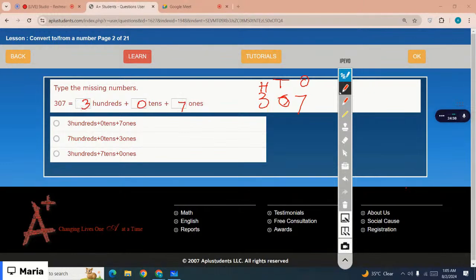The correct option is 300s, 0 tens, and 7 ones, isn't it? So the correct option is option number 1, that is 300s, 0 tens and 7 ones.